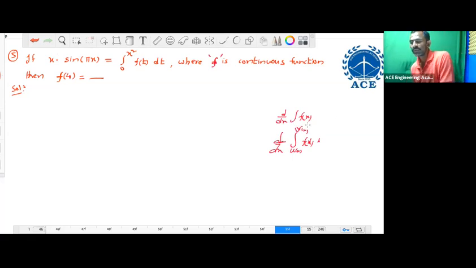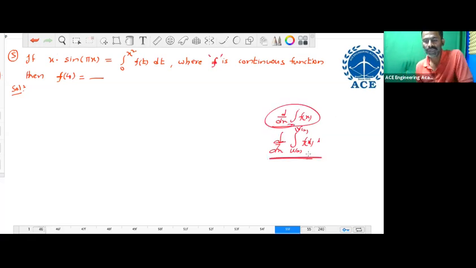So we have to apply one of the properties. If we don't have integral limits, then we apply this property. If we have integral limits, we apply this property. So property number 13, because here the limits are 0 to x square. The lower limit is 0, the upper limit is a function of x. When both limits are functions of x, or any one of the limits is a function of x, then we should apply the last property, that is the 13th property.